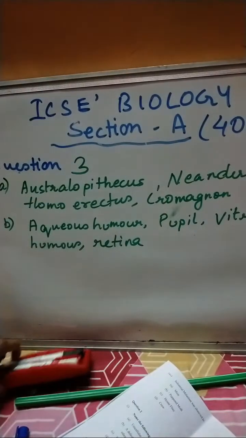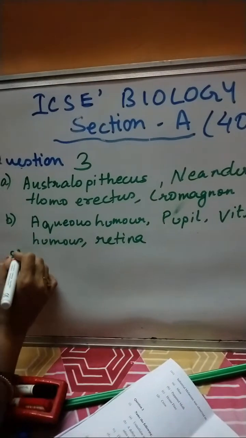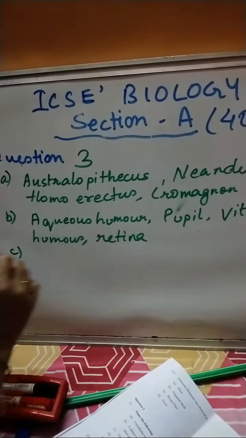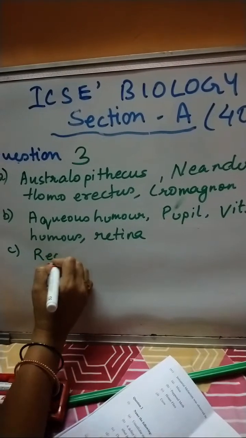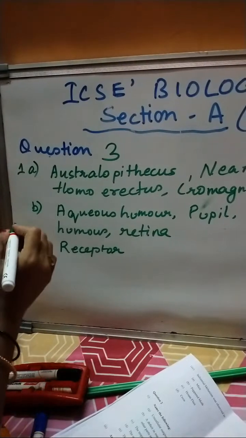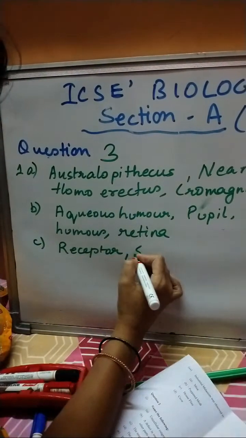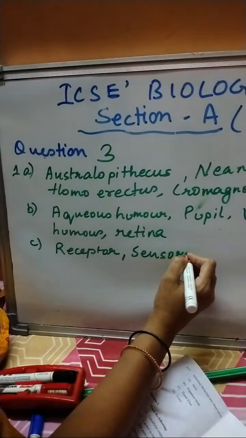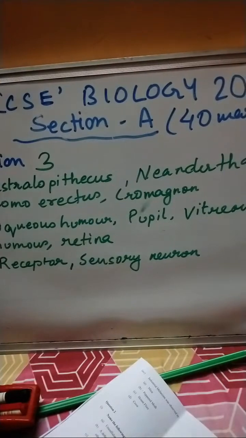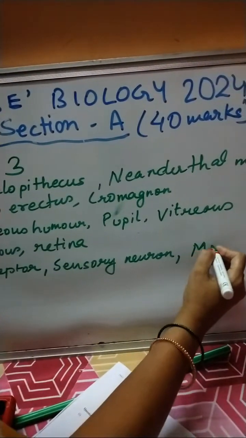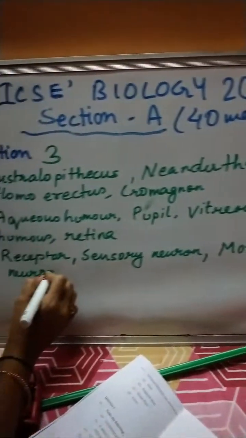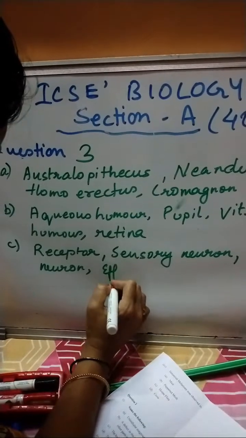So this is the logical sequence. Second one, we'll go to the C. Effector, receptor, motor neuron, sensory neuron. Starting with the receptor, the next one would be sensory neuron. Then motor neuron. Then effector.